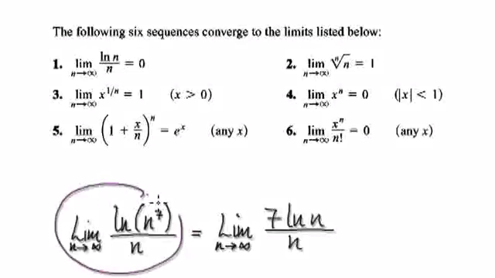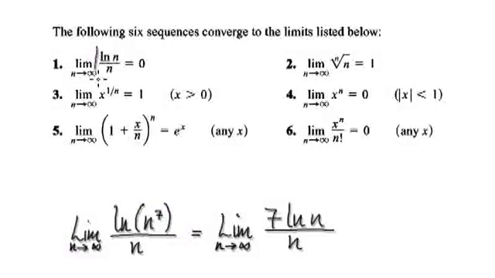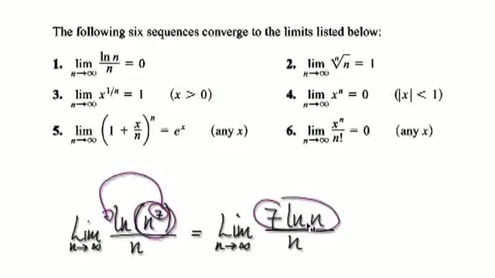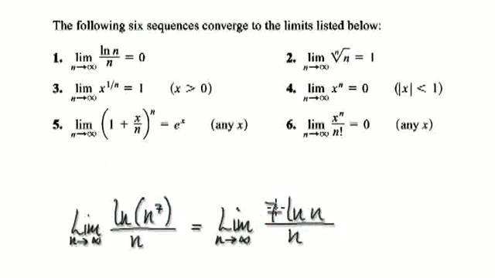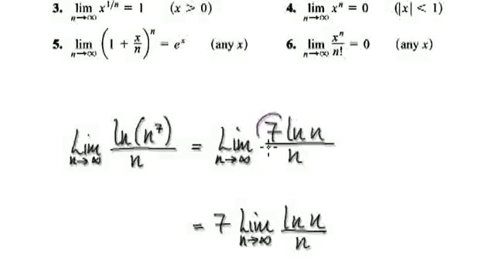Next one here. So here, to work this out, you would make use of number 1, this one here. So natural log of n over n. When you take the natural log of something to the power 7, the 7 can come down here. So that will then give you this, and now 7 is a constant.